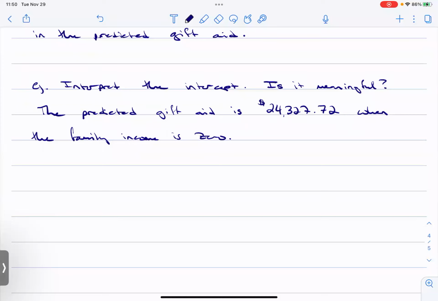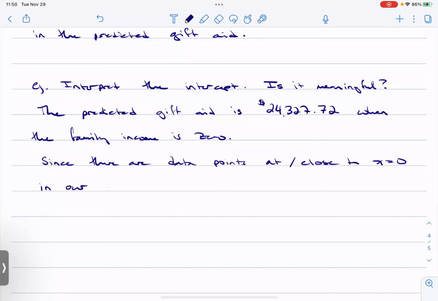So since there are data points at or close to x equals 0 in our scatter plot, the intercept is meaningful.